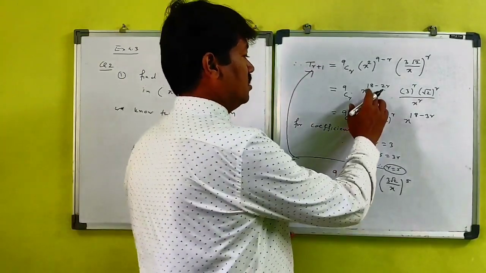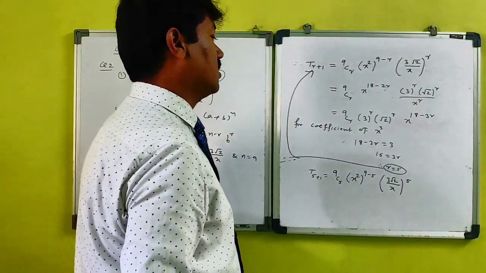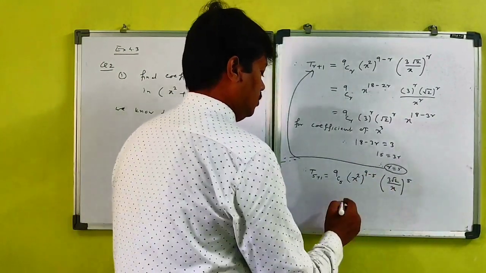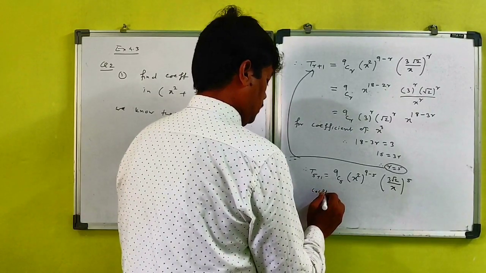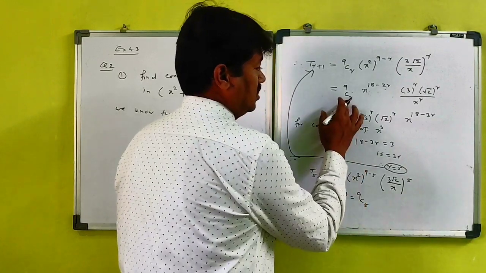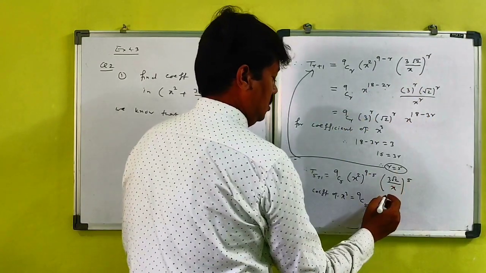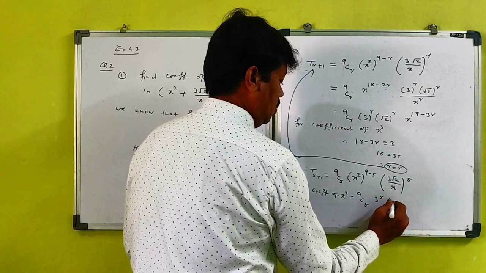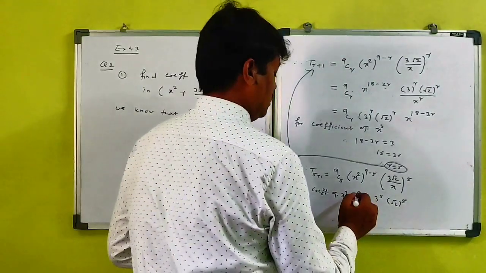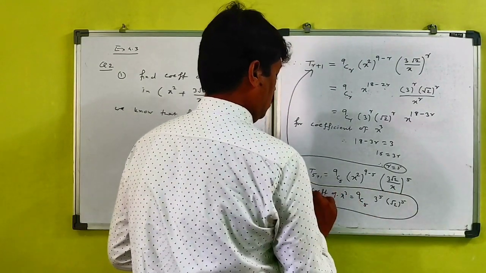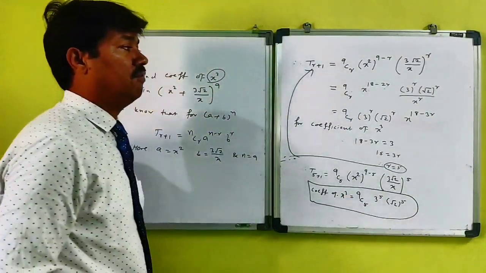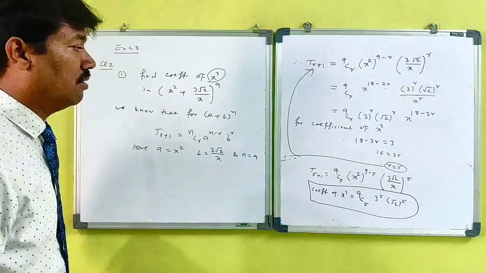Or you can substitute in the coefficient directly, which is always better, and the powers of x quickly cancel. So the coefficient of x cube will be 9C5, 3 raised to 5 into root 2 raised to 5. So this is the answer: the coefficient of x raised to 3 will be 9C5, 3 raised to 5, root 2 raised to 5.